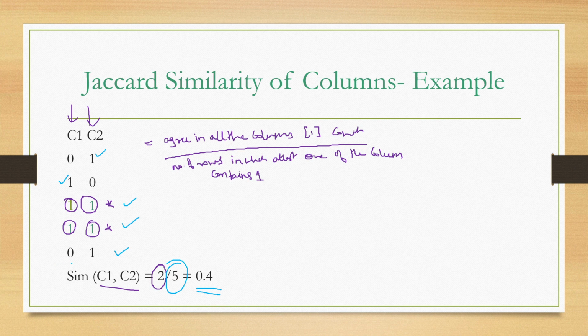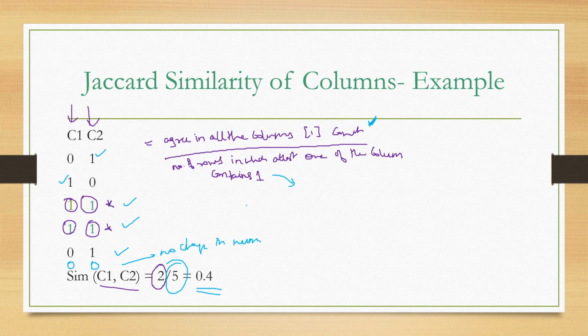For example, we now add a row 0 0. So for column 1 it is 0 and for column 2 it is 0. In that case it is not satisfying the numerator condition and there will be no change in the numerator, right? Because it is not agreeing in all the columns. Let us see whether it is satisfying the denominator condition.